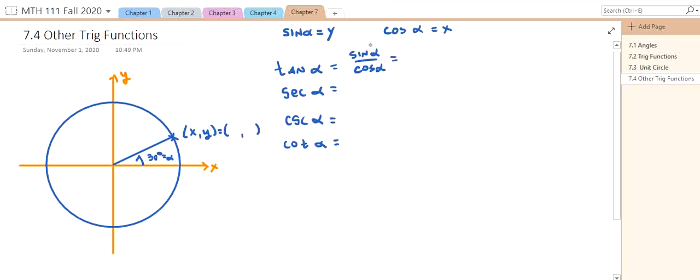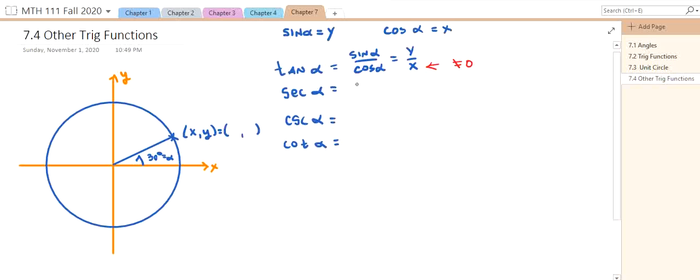So this really is just y over x. Now you got to be careful when you're dealing with a tangent because it's divided by something. This is not allowed to be equal to 0. It doesn't exist when x equals 0.